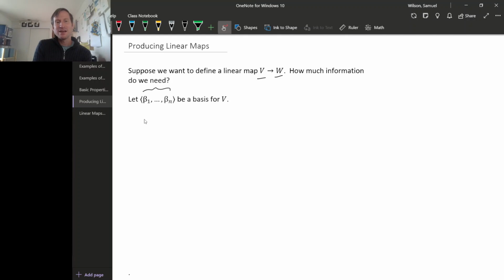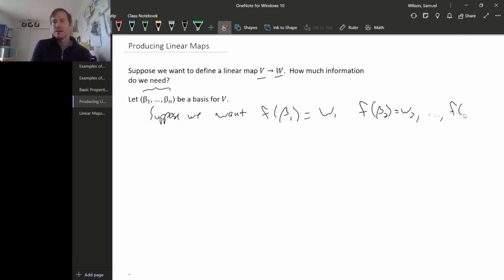So let's suppose we know what we want f of beta 1 to be. Suppose that we know we want that to be W1. And suppose we want f of beta 2 to be W2, and so on, all the way up to f of beta n is Wn.